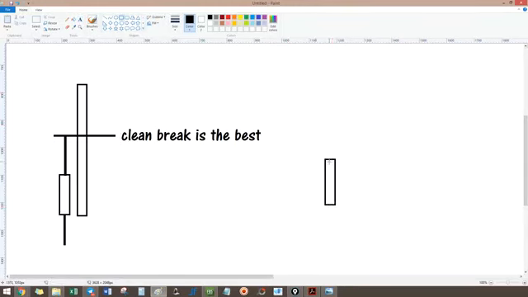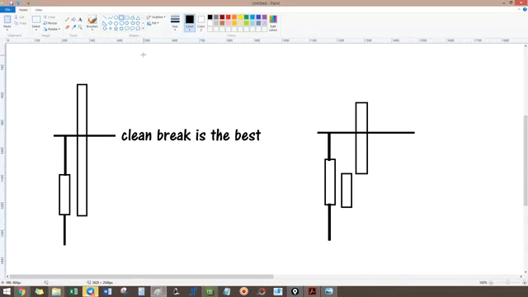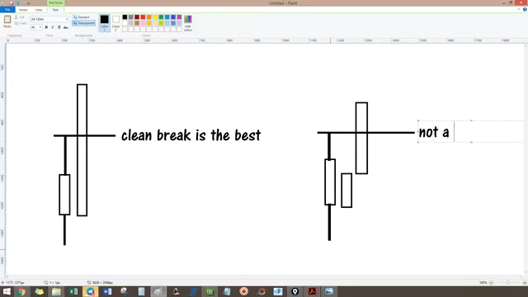And then we have this type. Okay, we have something like this and something like this. So this one is not a clean break. Not a clean break, but still it is a base.